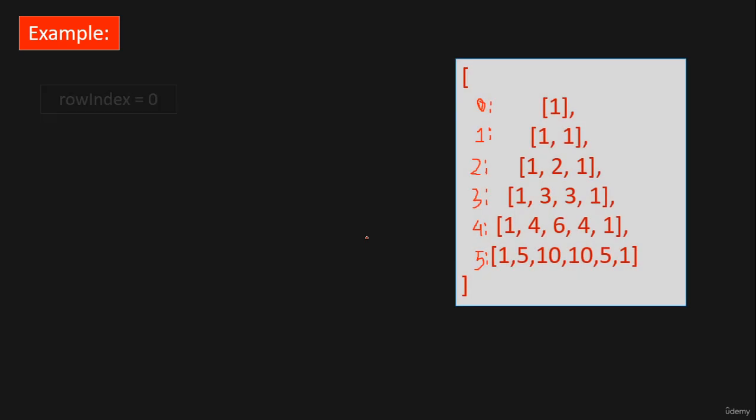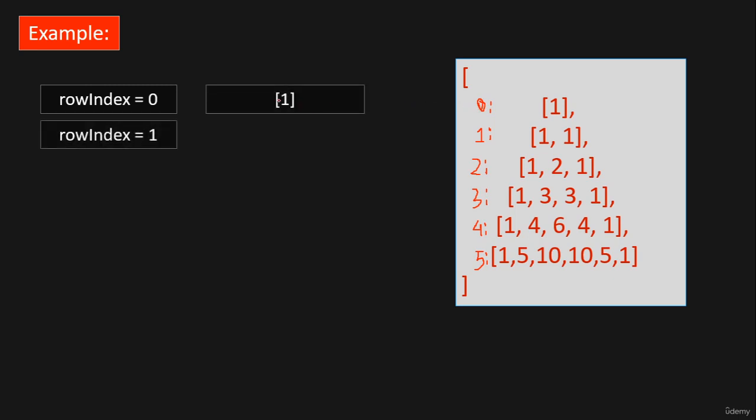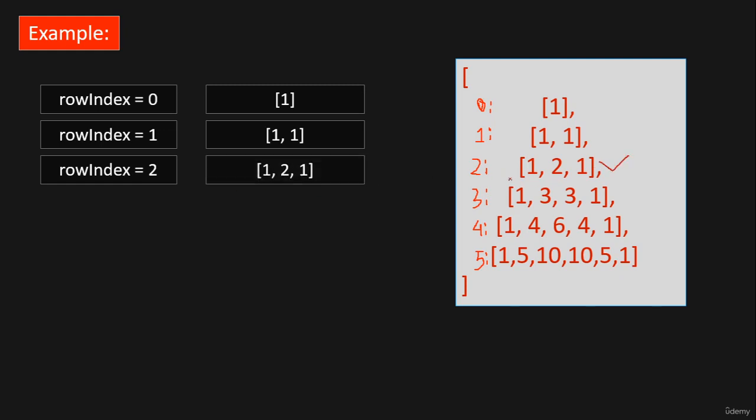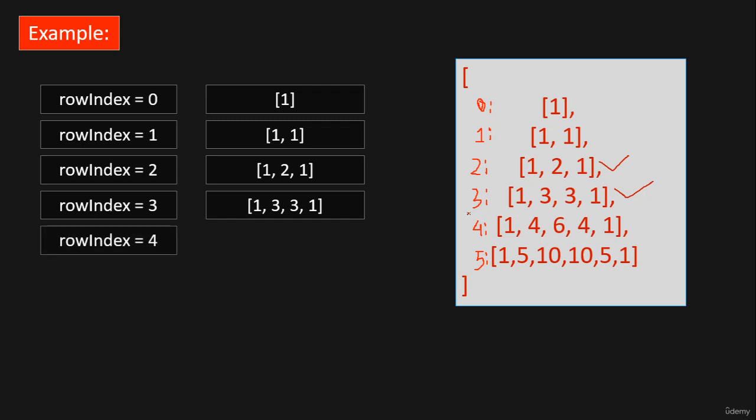For example, if you're given row index equals 0, then you have to return the first list, the list at index 0. That means this list. If you're given row index equals 1, then you have to return this list at index 1. If row index equals 2, return this list at index 2. For 3, return the list at index 3. For 4, return the list at index 4.